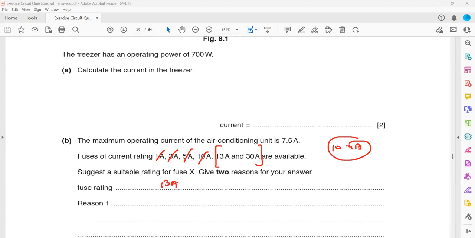So the reason: why do we select this one? If the rating is too low, the fuse will blow, it will melt. And if it is too high, it will be dangerous. So why did we specifically select 13, and why not less than 13?